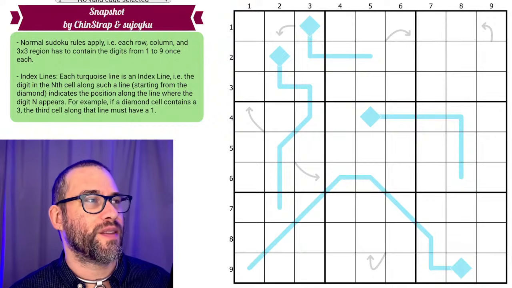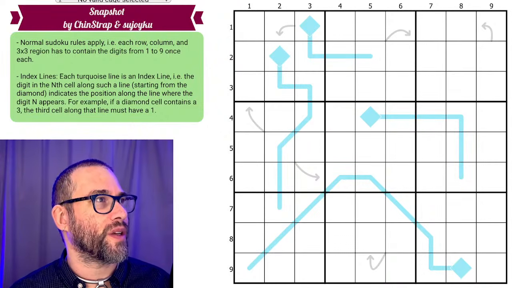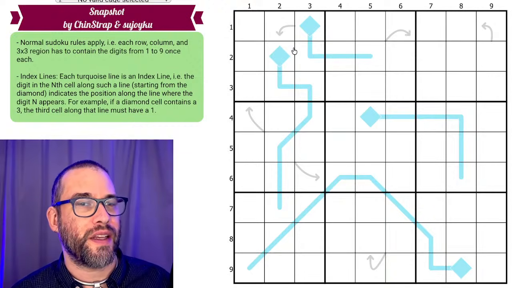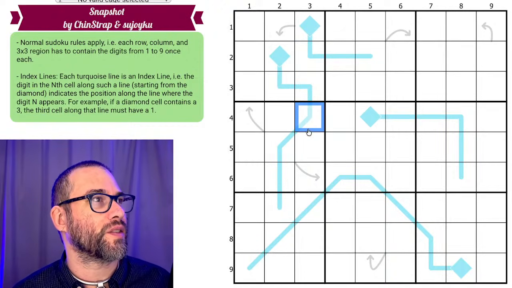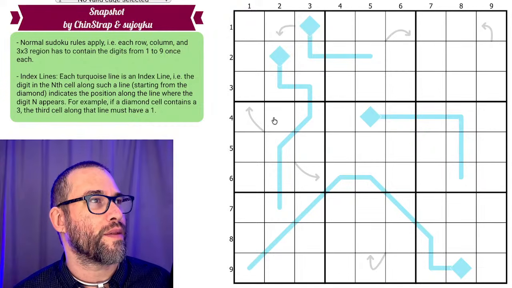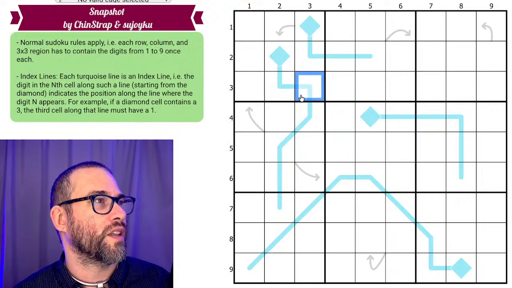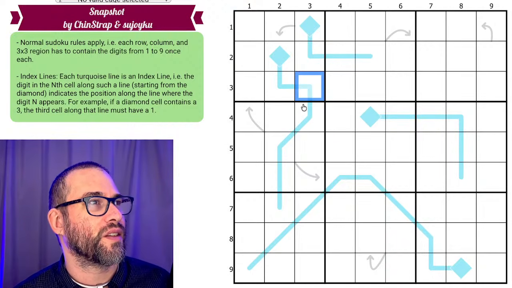So, this puzzle by ChinStrap and sujoyku, we've got index lines, and the nth cell along such a line indicates the position along the line where the digit n appears.